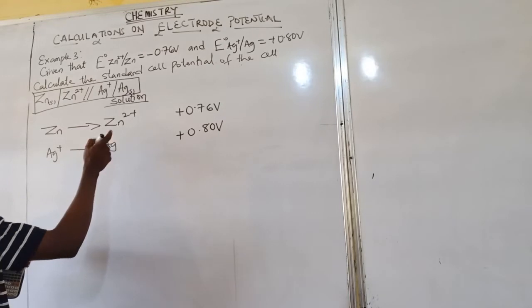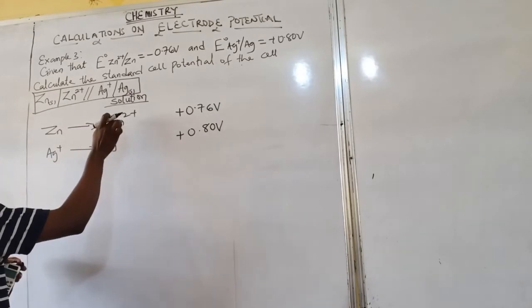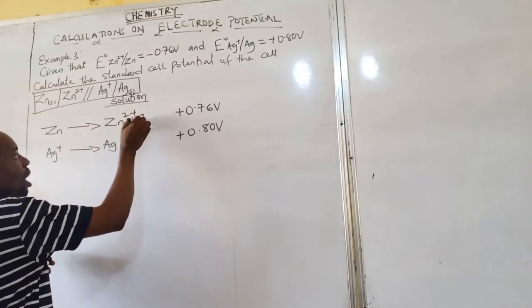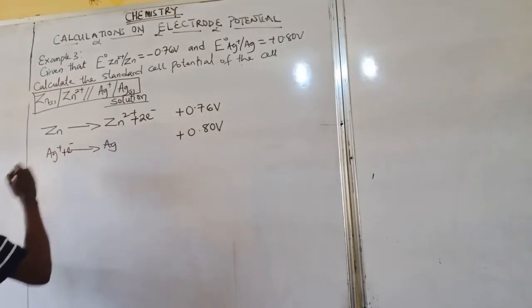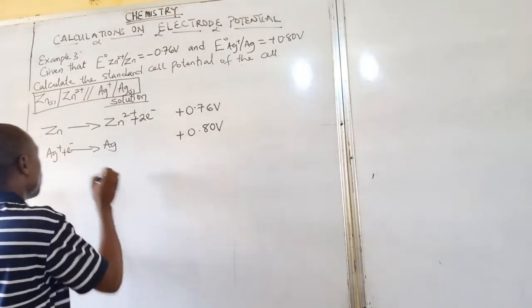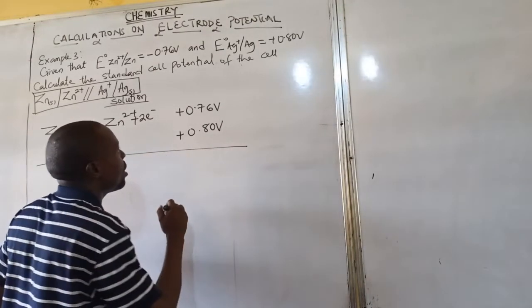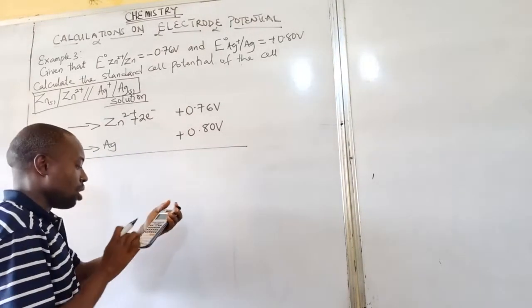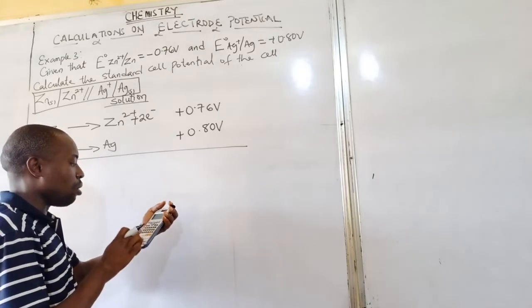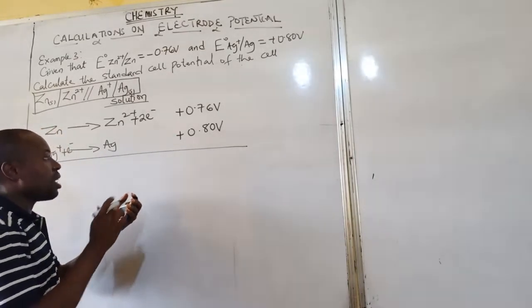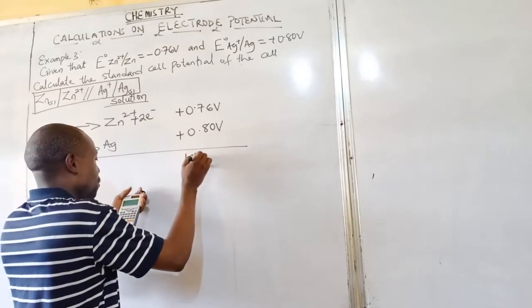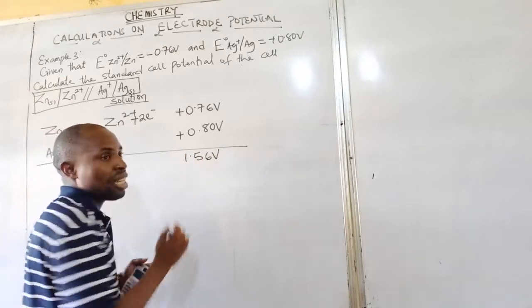Remember, if you balance it for oxidation, electrons are added to the right hand side, while for reduction, electrons are added to the left hand side. As such, we just have to add 0.76 plus 0.80, and the final answer is 1.56 volt. That is the final answer.